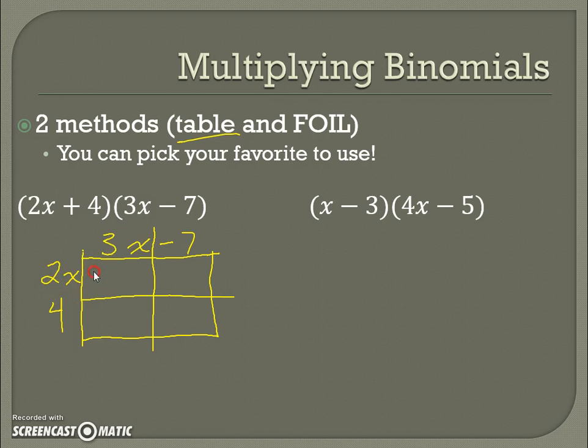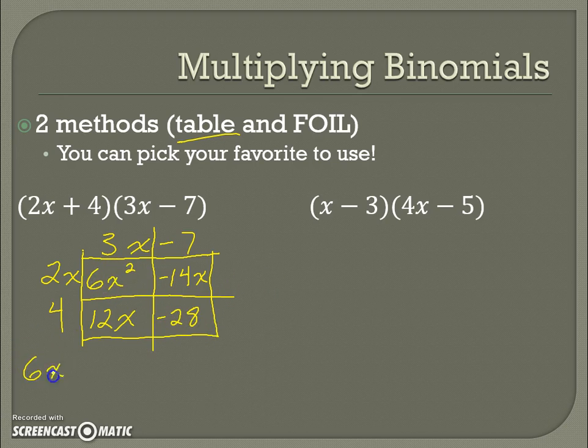So 2x times 3x is 6x squared. And then 2x times negative 7 is negative 14x. Down here, 3x times 4 is 12x. And then over here, 4 times negative 7 is negative 28. And what I'm going to do is just add all these things here.